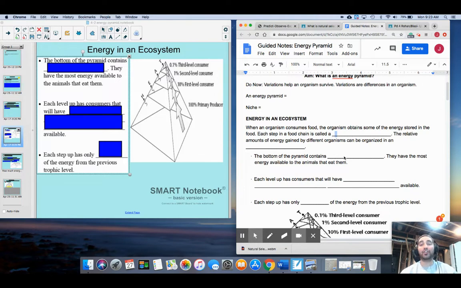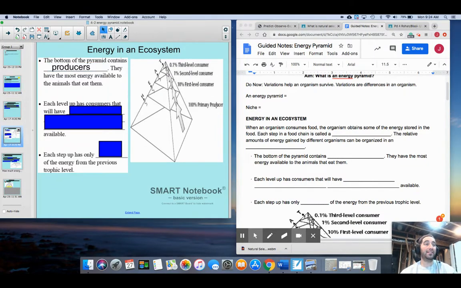An energy pyramid in a 3D model looks like this. The bottom of the pyramid contains producers. So you're writing producers over here. And producers have the most energy available to the animals that eat them.